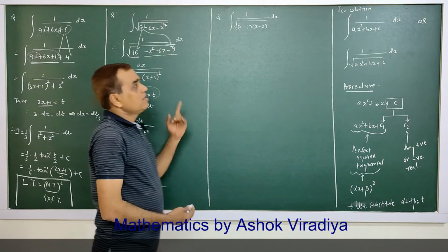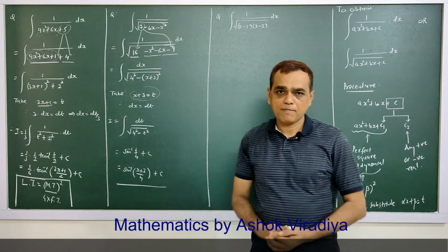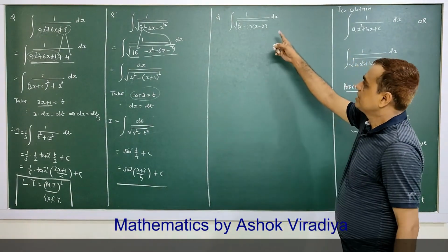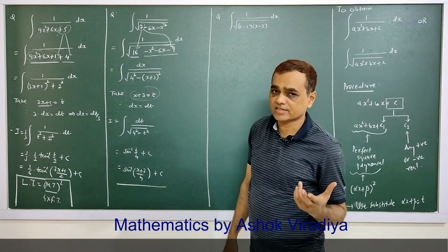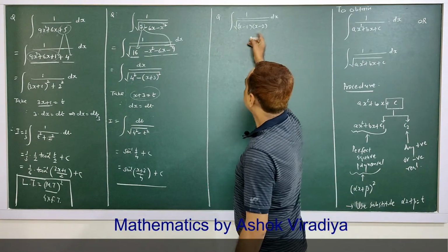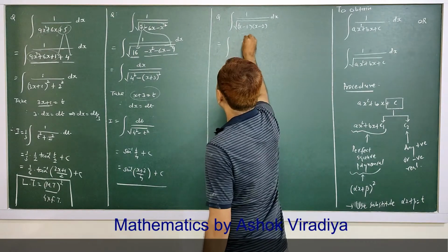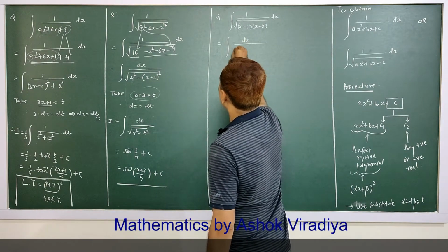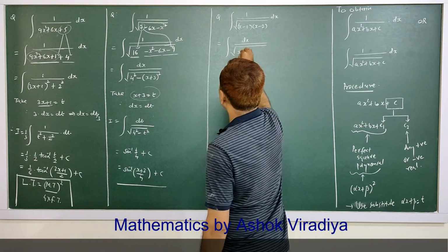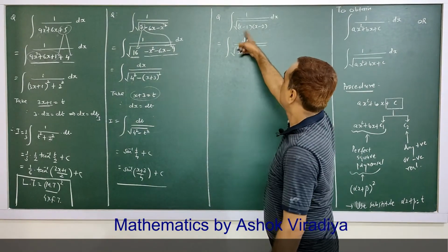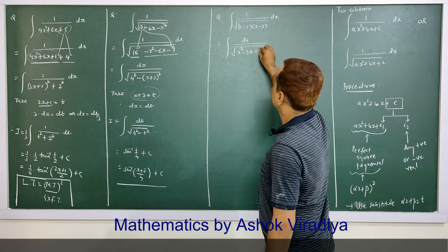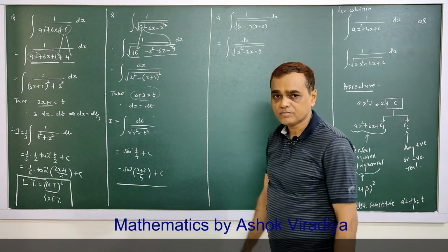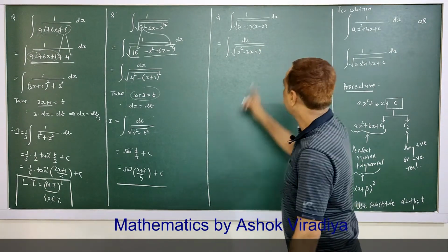Now in this question, this is a product of two linear factors. If we expand these linear factors, the product will be quadratic: x square minus 2x minus x minus 3x plus 2. So it is like this.